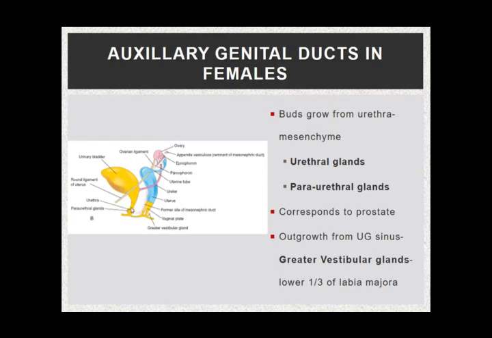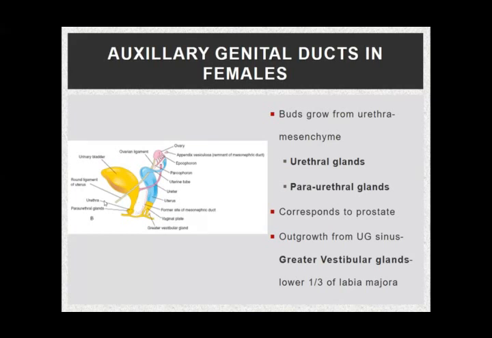Arising from the endoderm of the urethra, you have two buds here, two outpocketings, one on either side. So two buds arise from the endoderm of the urethra in females. These two buds grow into the surrounding mesenchyme.